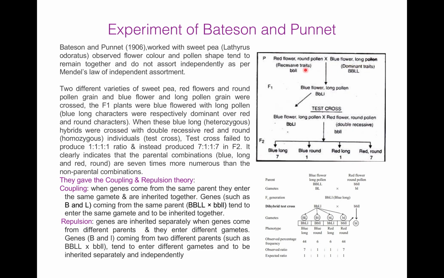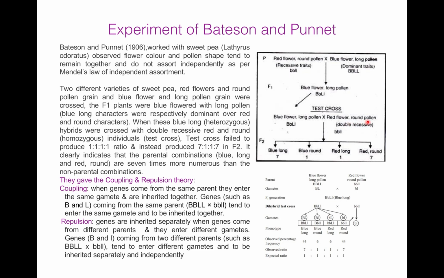They crossed them to get the F1 generation. They got blue flower and long pollen grain plants, that is capital B, small b, capital L and small l. Then they did a test cross, meaning they crossed the F1 generation with a double recessive plant, that is red flower and round pollen.